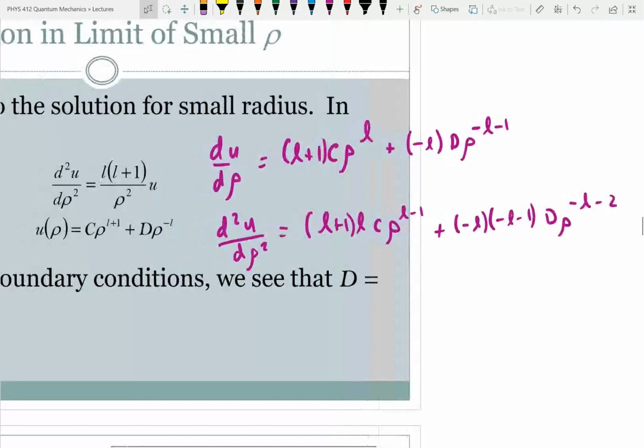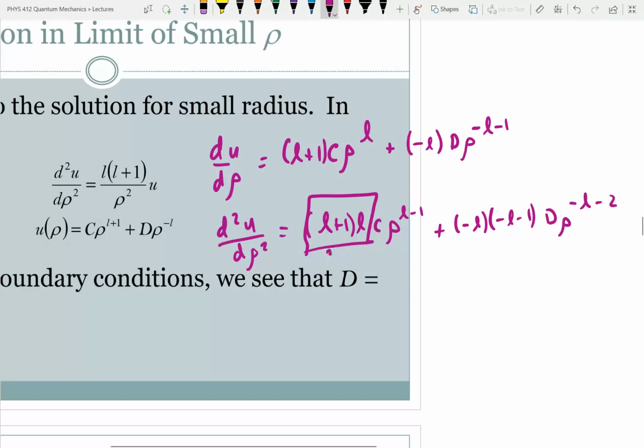So that's what we get when we do the second derivative. We notice this term here has l times l plus 1 and rho to the l minus 1. On the other side, it would have been l times l plus 1 over rho squared, which lowers it from l plus 1 to l minus 1.